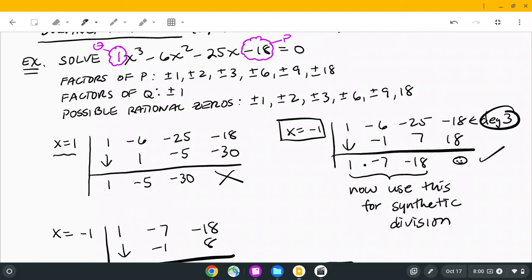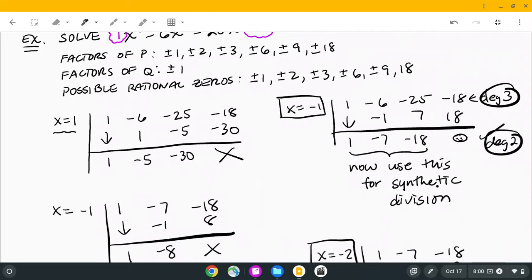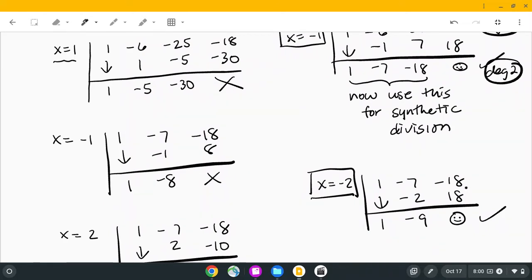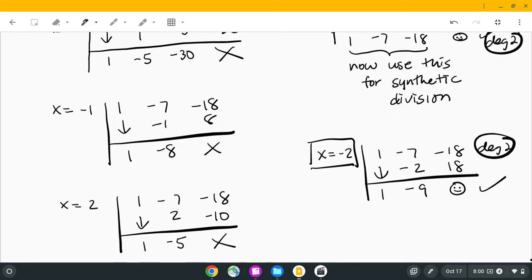Then this one is 1 degree less, so it became a degree 2. Those were the coefficients we were using over here. So this 1, -7, -18 is our degree 2. And now this one is our degree 1.